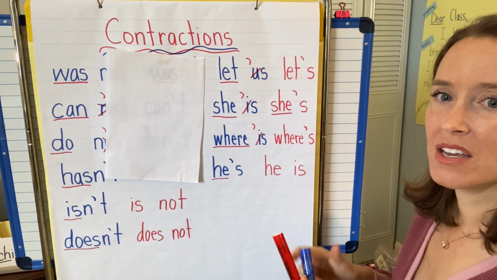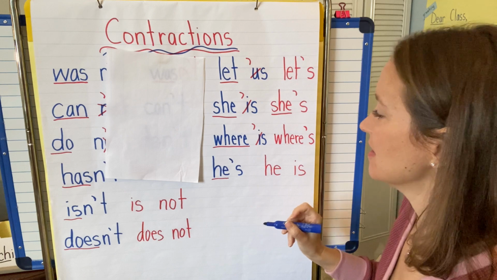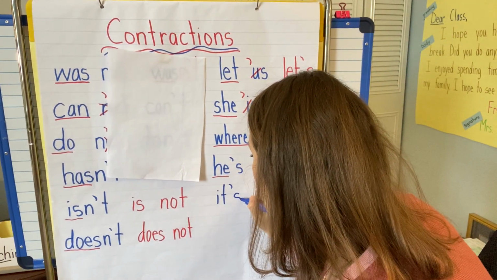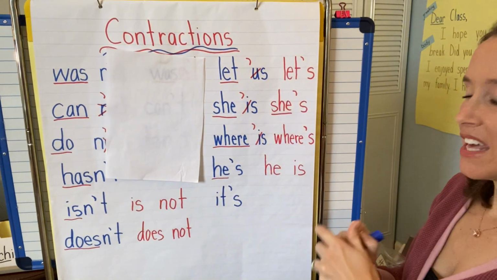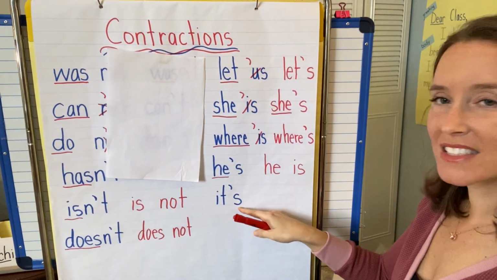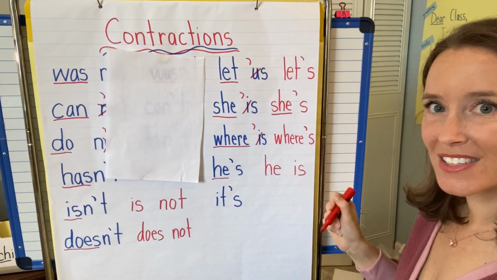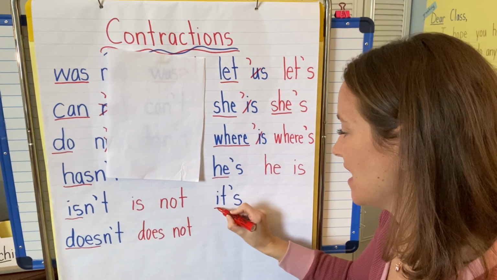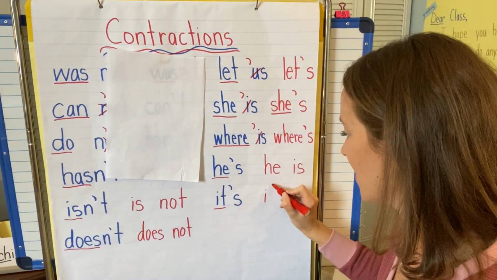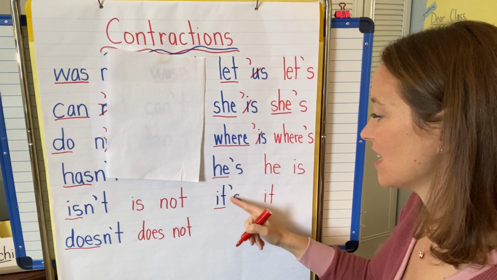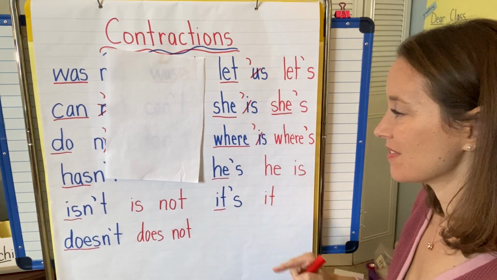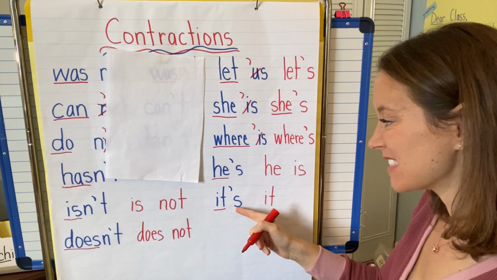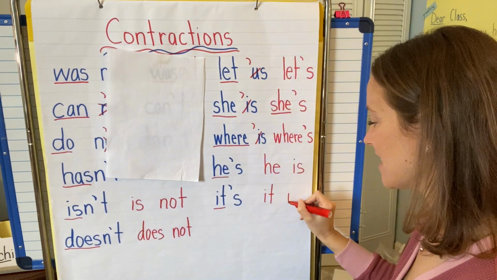Let's look at one more. See if you can find the words. It's cold outside. It's. What's the base word that we're going to keep? It. And then we have an apostrophe S. What letter do you think is missing? Yeah, the I. Instead of it's, it is.